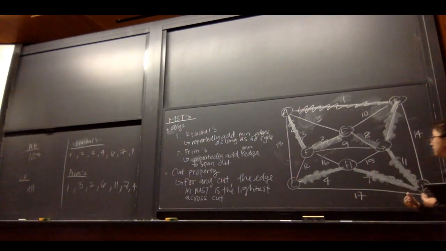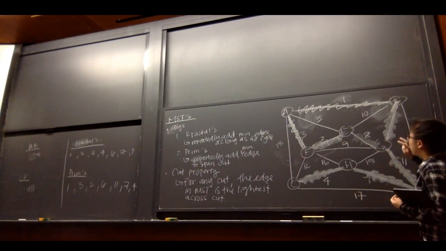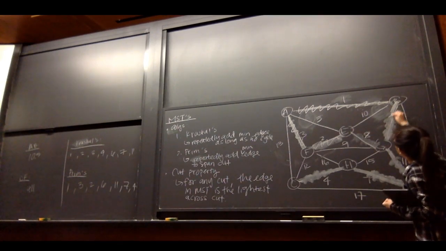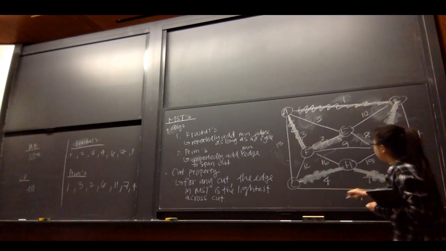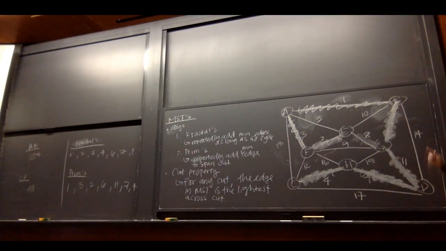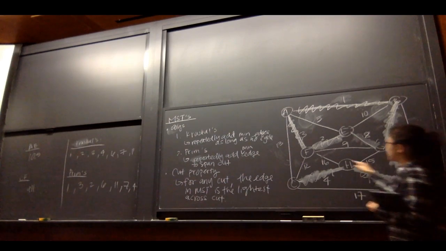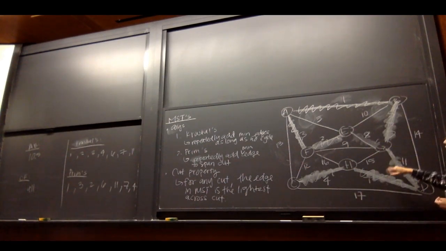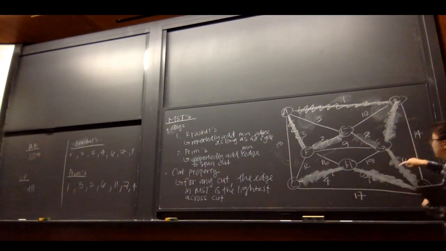And you can do the same thing if you tweak it all the way up to 10.5. At that point in your building MST, you would have all of these edges, and then 10.5 would still be the minimum spanning edge across this cut, and I would not choose 11.